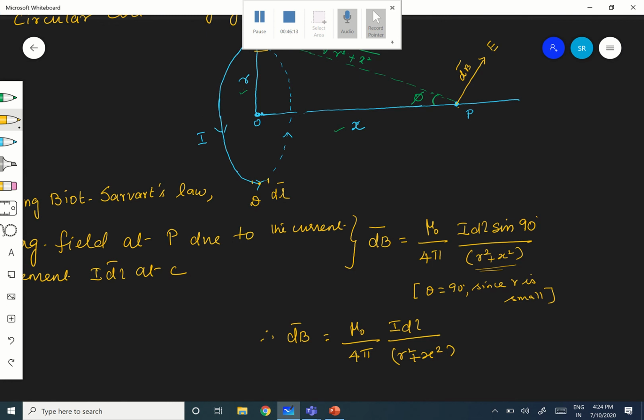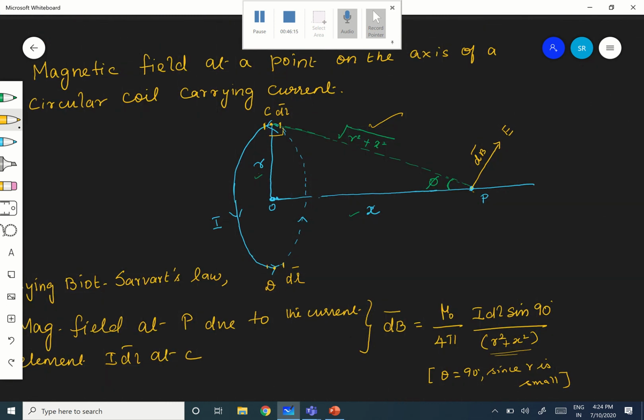Now, I told you, I have taken one pair of current elements, one at C and one at D. So now our job is to find out the magnetic field at P due to the current element at D. Therefore, now you tell me, what is the position vector of P with respect to idl here?